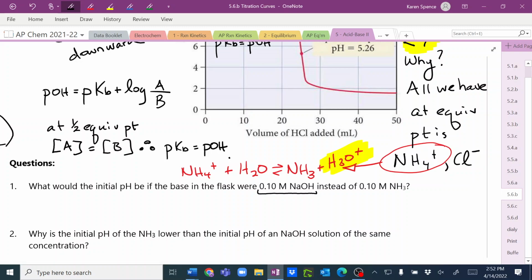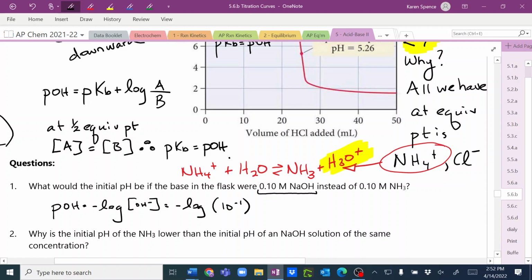So if we have 0.1 molar NaOH, what is our pH? The pOH would be the negative log of the concentration of OH, so the negative log of 10 to the negative 1, 0.1, which would be 1.